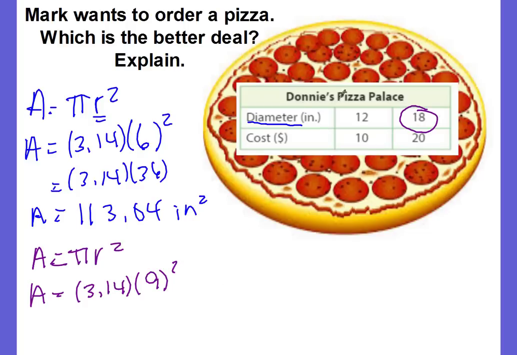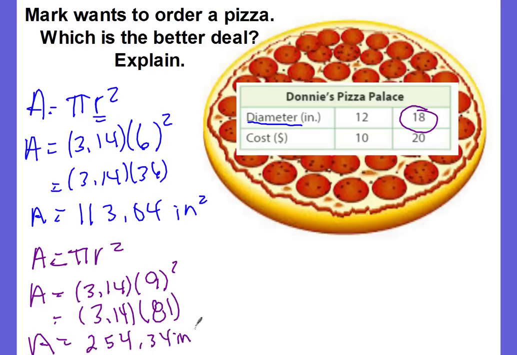Hopefully you used 9 squared. We're given the diameter. The formula uses the radius, so you have to divide the diameter by 2. And now it's just a matter of doing your math. 3.14, you're always going to do the square first. 9 squared is 81. Multiply the 2 together, and your area equals 254.34 inches squared.